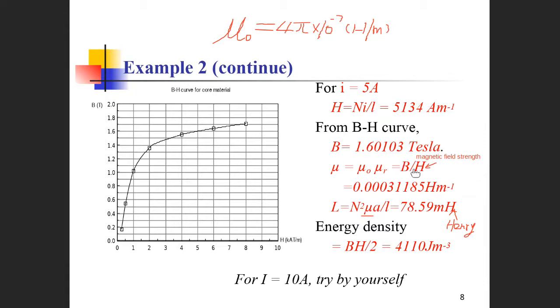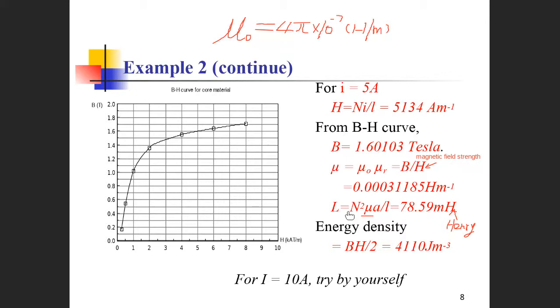Here, H is the magnetic field strength, or magnetizing force. Note that the H here is not the Henry, so do not confuse it. Henry is the unit of inductance. The rationale was already talked about at the beginning of the tutorial sessions.